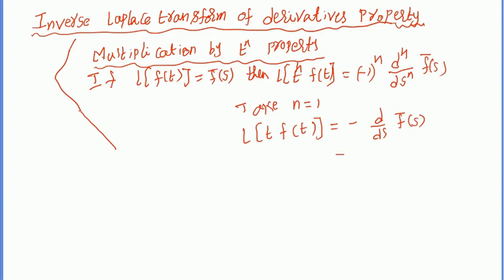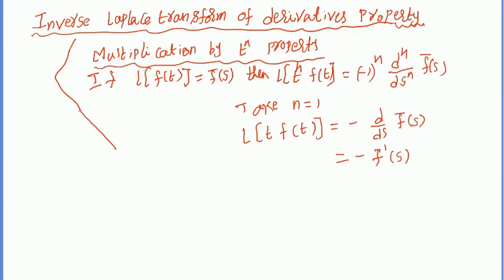That is equal to minus f dash of s. See, this is the Laplace transform of multiplication by t property: L of t into f of t is equal to minus f dash of s.